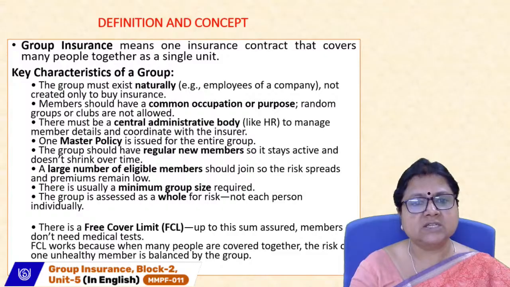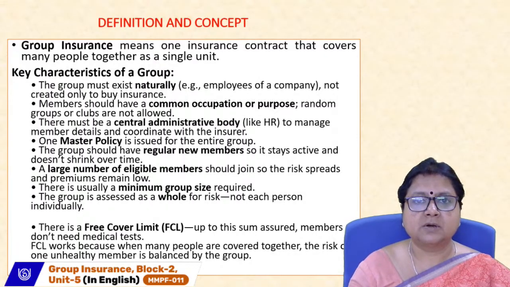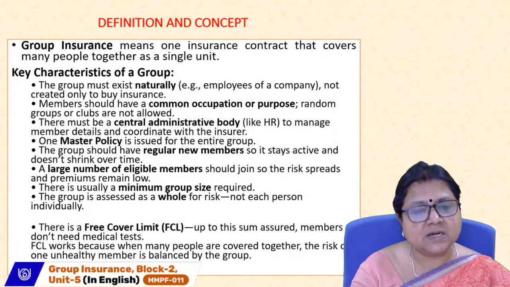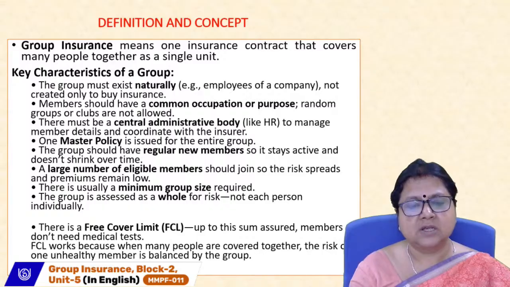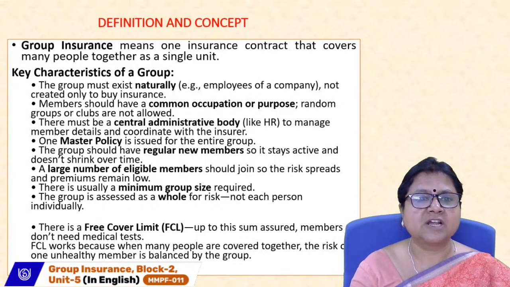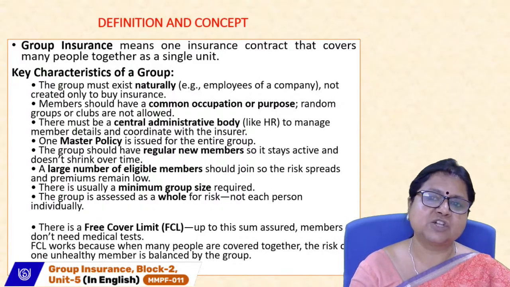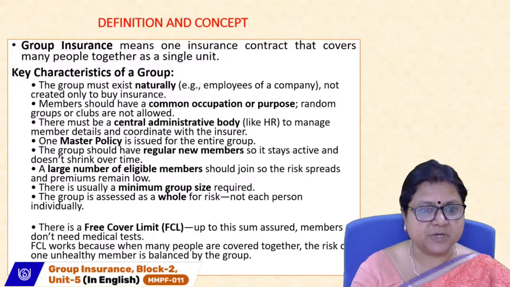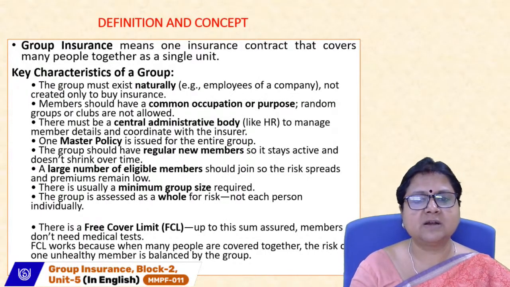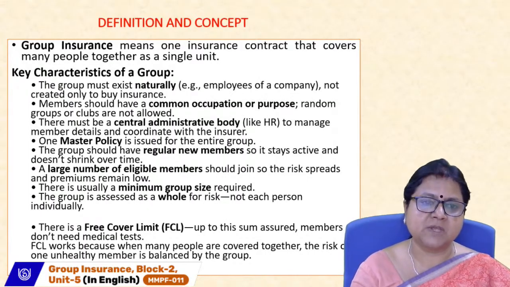That means these are not fabricated groups created only to avail that insurance. These are groups which exist naturally, maybe the employees of an organization, a natural group which is not created only to buy the insurance, but exists for a common purpose, and these groups can avail group insurance from the company.